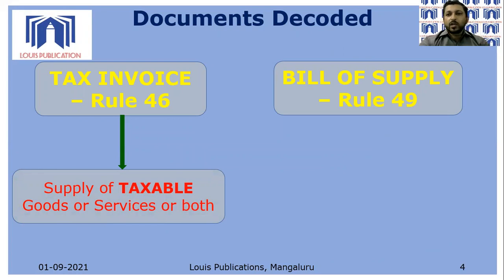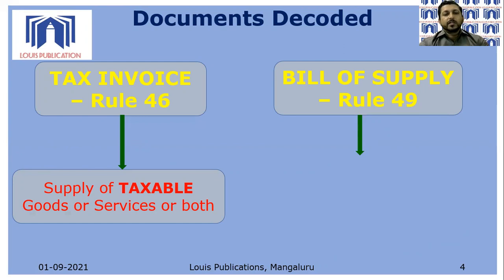You see another document right there, the bill of supply, which is covered under Rule 49. I mentioned two kinds of registration. If it's a normal registration, the supplier will pay input tax and collect output tax from its recipients or customers. When it comes to registration under the composition scheme, that is under section 10, or if a supplier is not registered, the supplier cannot collect GST.